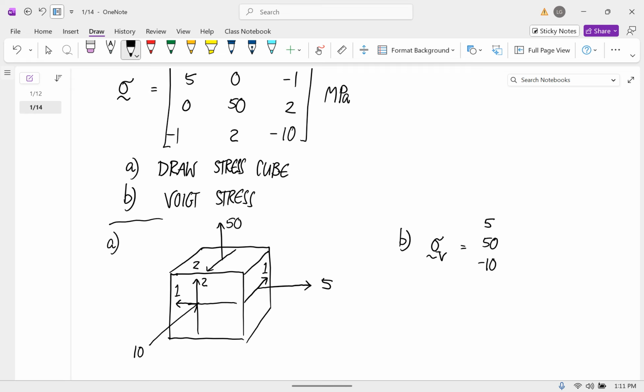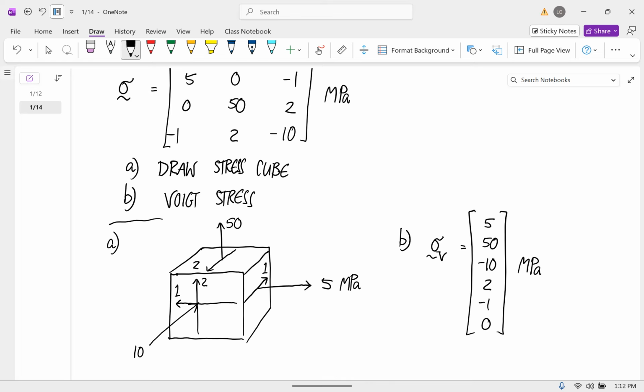And then we're going to go YZ, XZ, and then XY. All these are in megapascals too. I just didn't write it everywhere, so it didn't get too cluttered. Anybody have any questions about those?